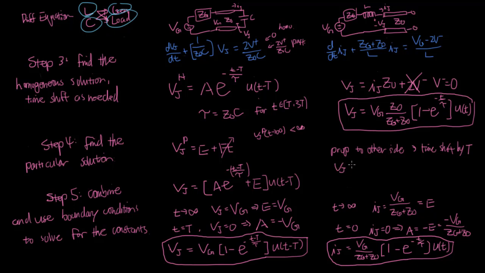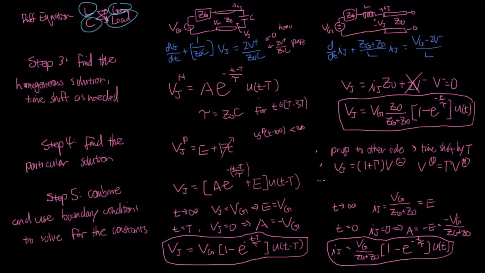You might need to use the fact that Vj is equal to 1 plus gamma, times the voltage coming out. And using the fact that the reflected voltage is equal to gamma V plus, you can also use that to figure out what the wave going in the other direction is.